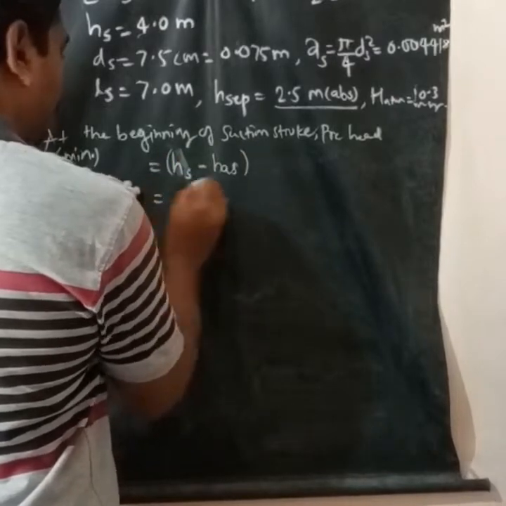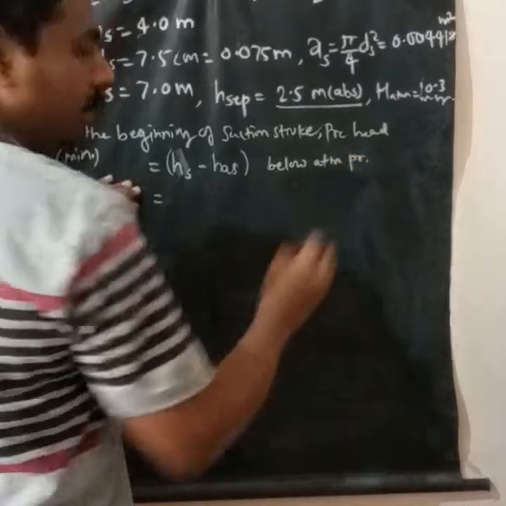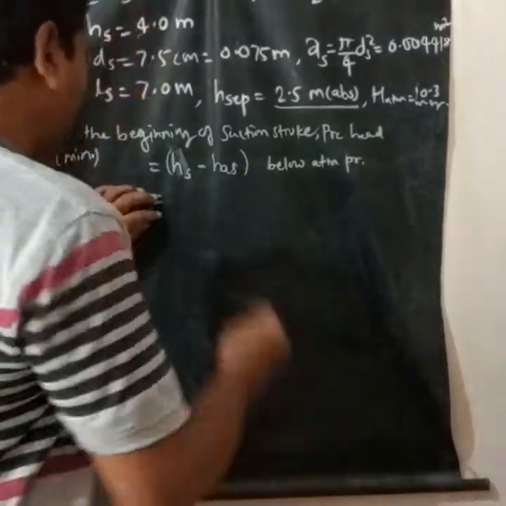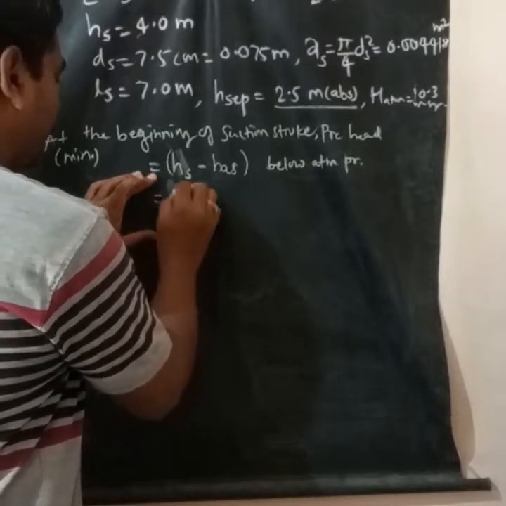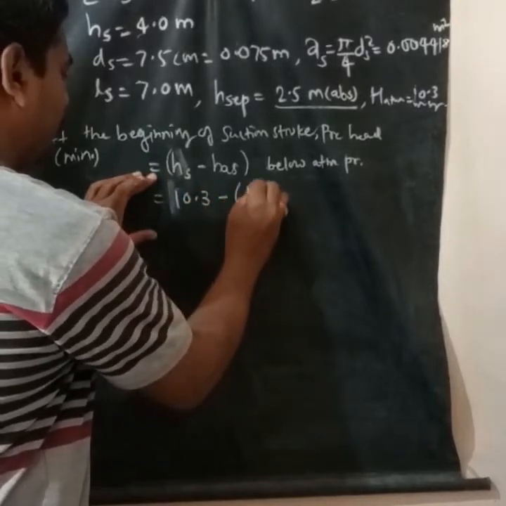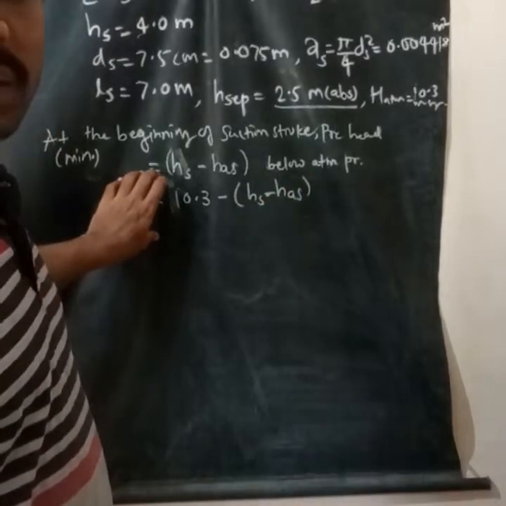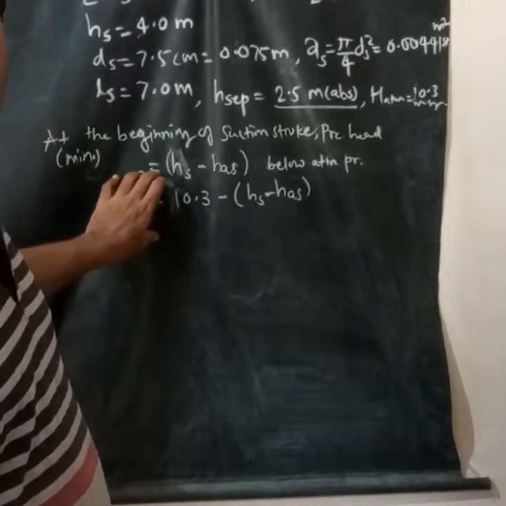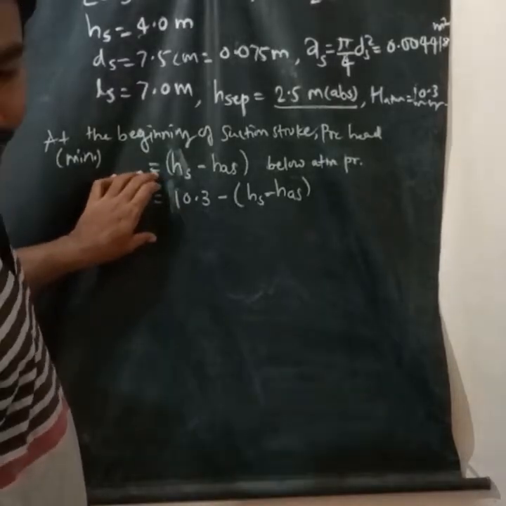But if this is below the atmospheric pressure, and we require the absolute pressure, it can be written as 10.3 minus HS minus HAS. So it will be representing the absolute value of it.